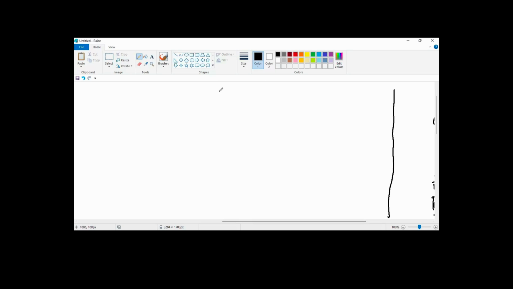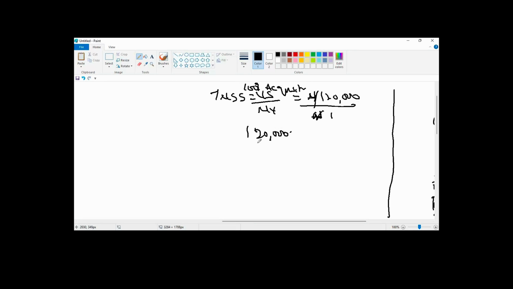So very simple. What is the total number of shares in the subsidiary? Because value of shares, nominal value, 100% acquisition, is going to give me 120,000. Don't forget this 120,000 belongs to two people.